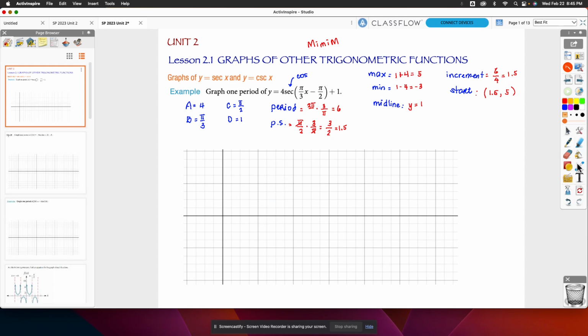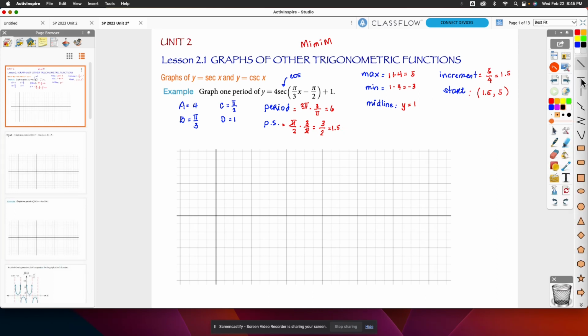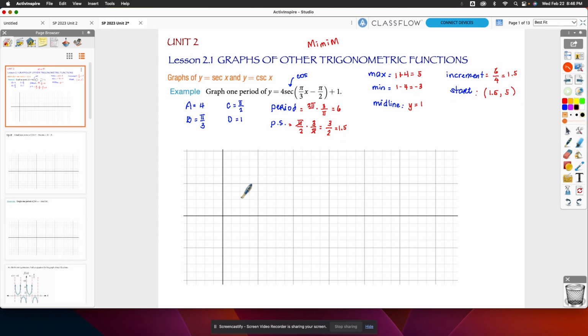Okay, so let's go ahead and graph the cosine. So first, we want to plot the midline. Midline is at y equals 1. And let us put the scale on our axis. So we can start at 1.5, so that's 1.5, and then 3. So the increment is by 1.5.